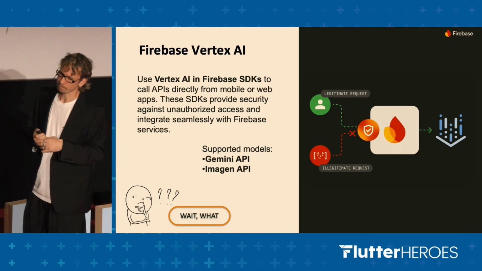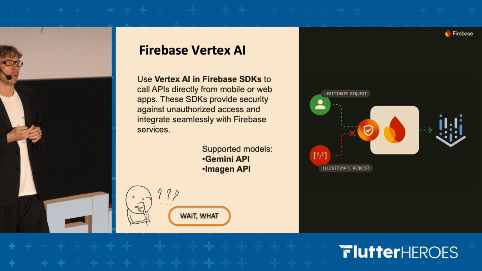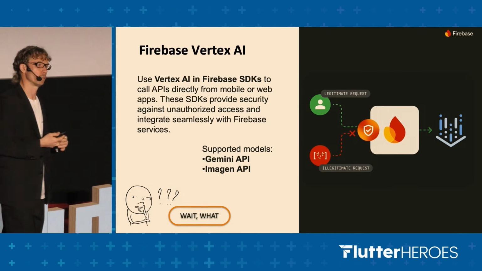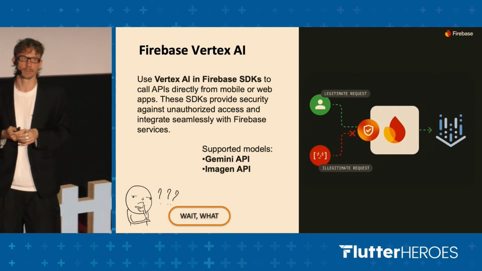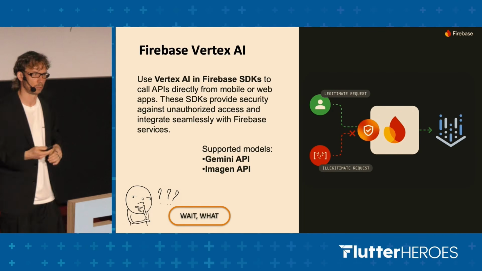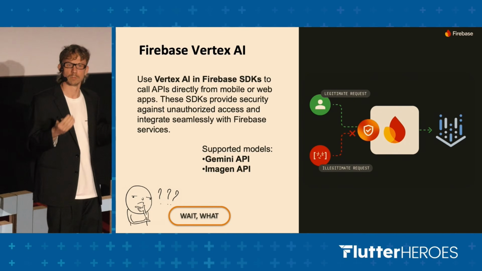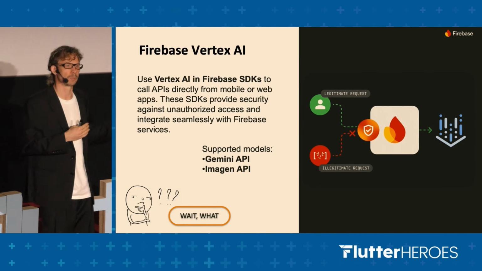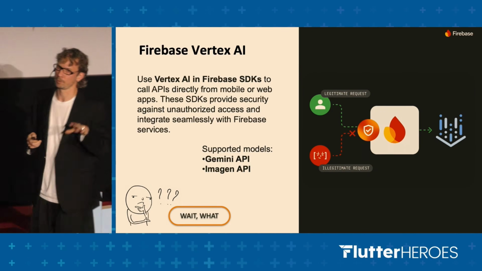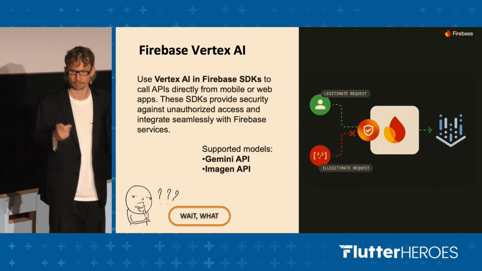And it allows you to call your models more securely. It adds you protection. So that's why Firebase Vertex AI is a better approach than just calling your model from your devices. So my recommendation is to use Google Generative AI only for prototyping or proof of concept or MVPs. But if you do something for production, Firebase Vertex AI is much better because it's more secure.